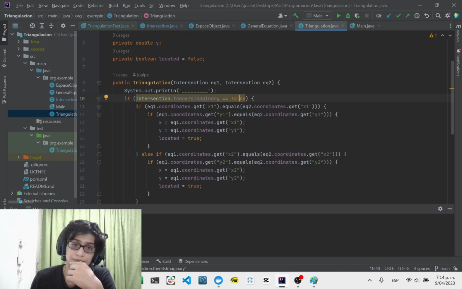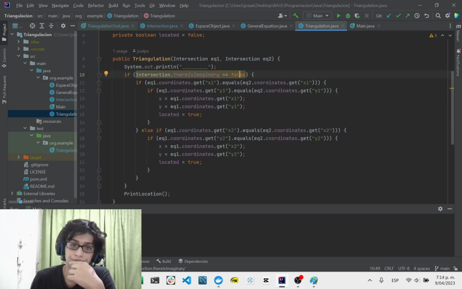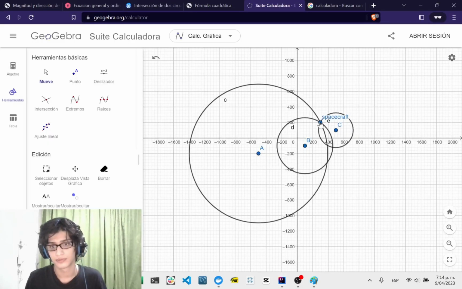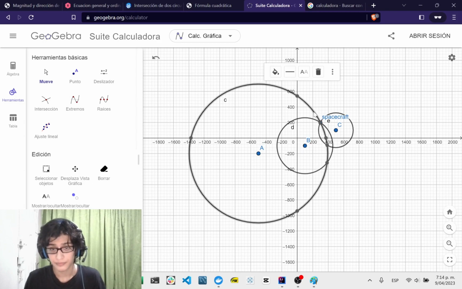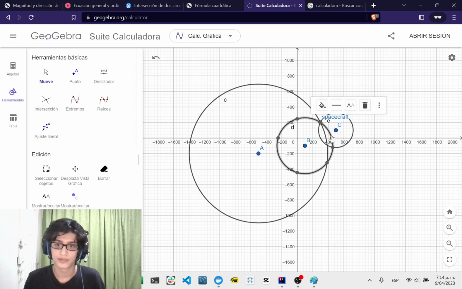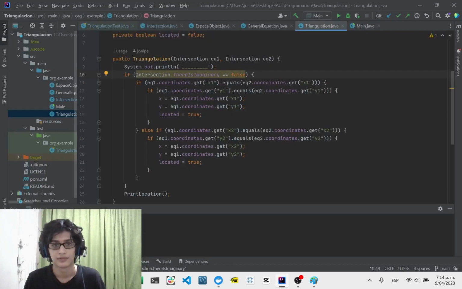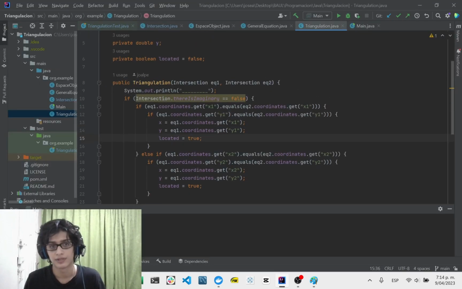If it is false, this is going to compare the coordinates. For example, this intersection with this intersection, and if it finds that the intersection in this circumference and this one is the same, it's going to put that locate is true.